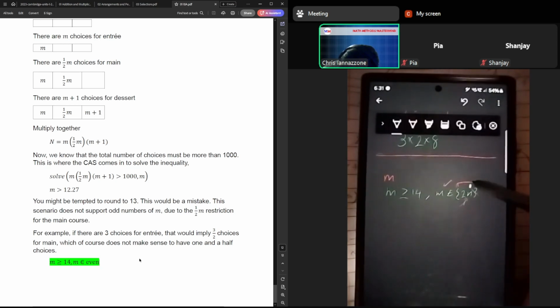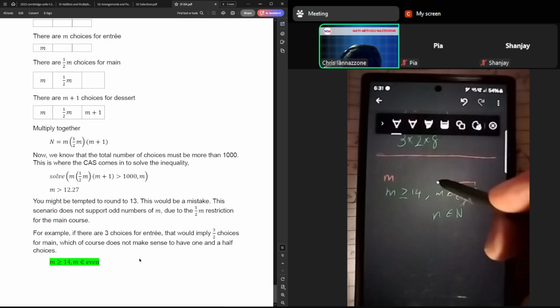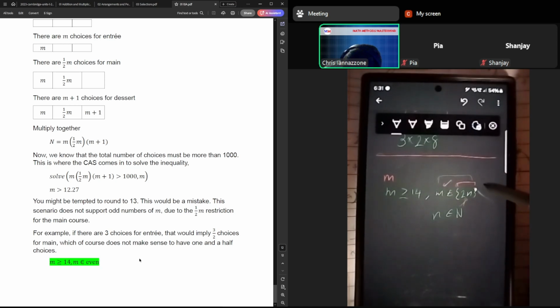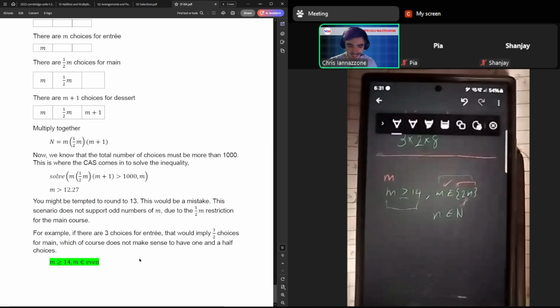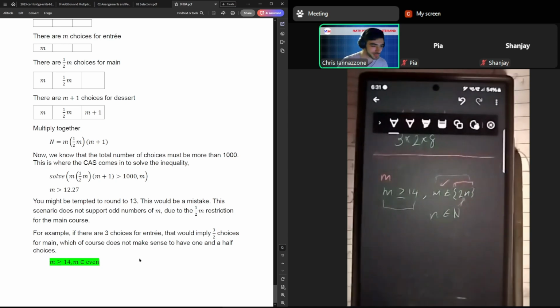Potentially you could say m is an element of 2n, where n is an element of the natural numbers. If you make n a natural number, m belongs to that, and then m greater than or equal to 14. That probably does it. Don't do that. That's a pain. But that does, I think, make it more bulletproof. But for all intents and purposes, just say even.